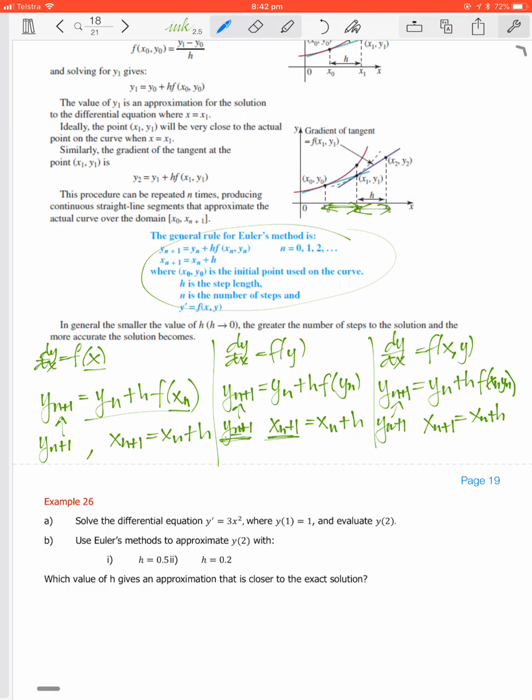So it's called an iterative method, which means that you're using repetitive steps, iterations, to find out a value. So it's not exact. It is an approximation. However, it does give you a reasonable idea, but it won't give you an exact answer.